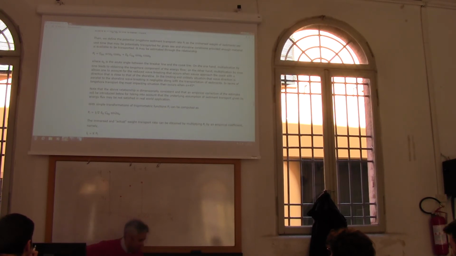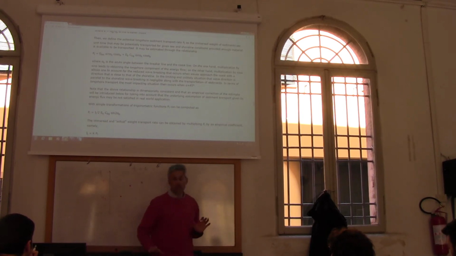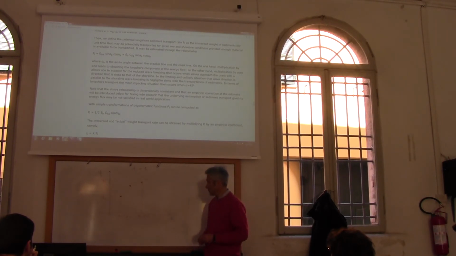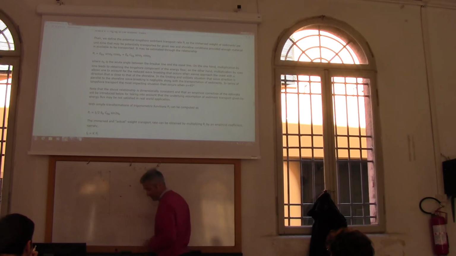So far, I know the angle between the wave and the y, which let me display in an intelligent way. The wave vector, okay, let me put it like this.